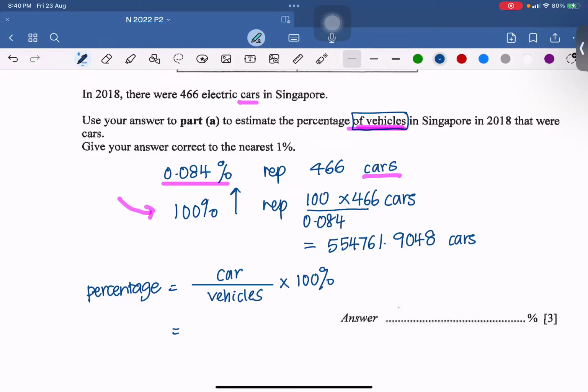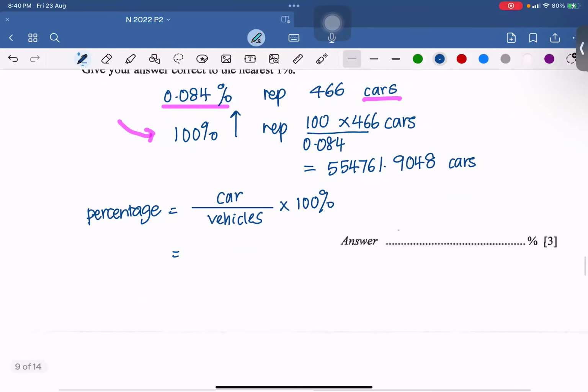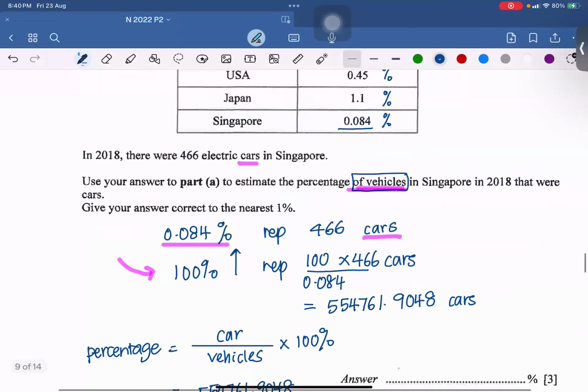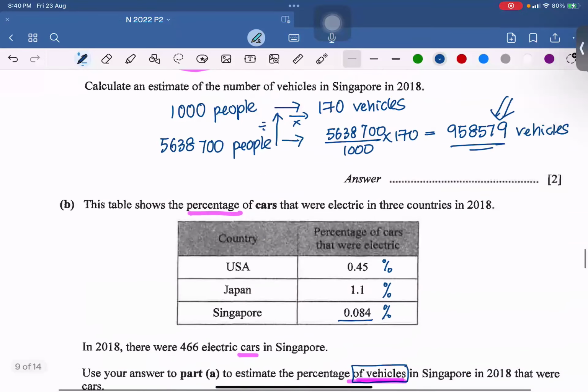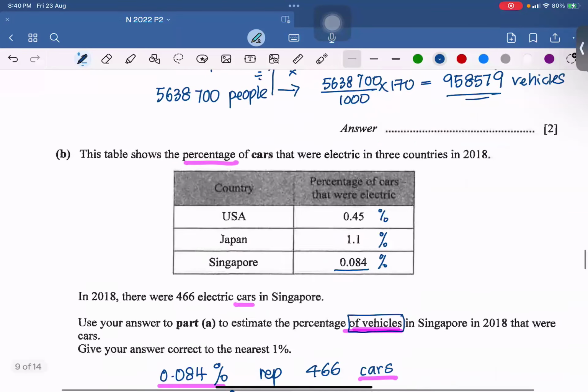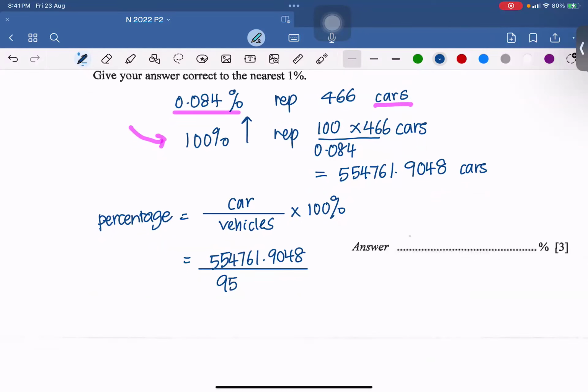Can you check, did I calculate this number correctly? Now I'm going to use my cars, which is this number, over, what was the answer in my part A? The total of vehicles, right? Total vehicles was 958,579.